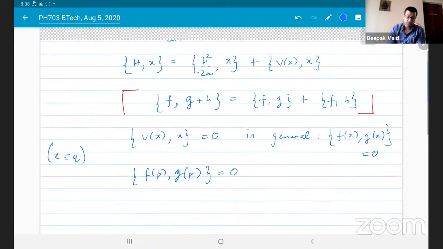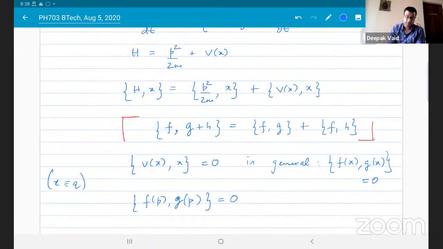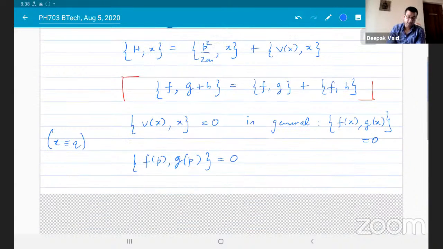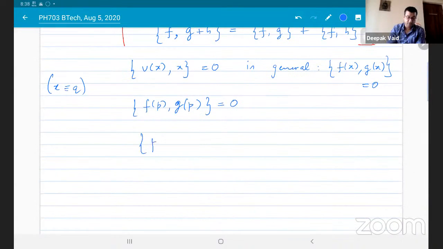So this Poisson bracket of x with x is 0, right? And the non-zero Poisson bracket will be this p square by 2m comma x. So what is this guy? Well, the first term is this f.